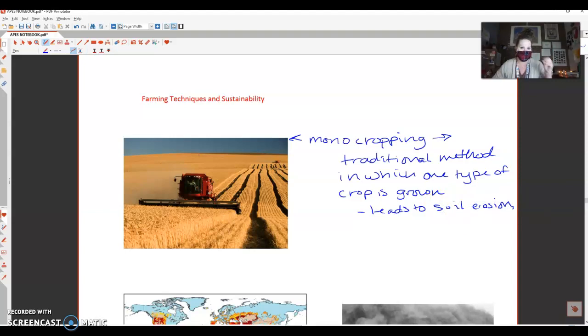Remember, soil moving from place to place. Desertification, meaning the soil is basically non-fertile and it blows away very easily. Think of a desert. Okay, there's no minerals, no nutrients in it. This is soil erosion, desertification, and loss of diversity.